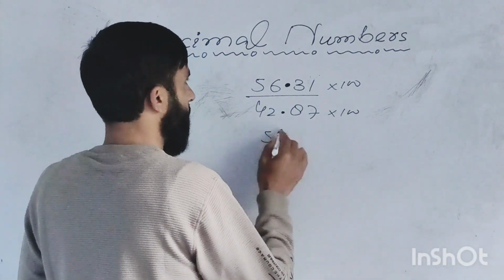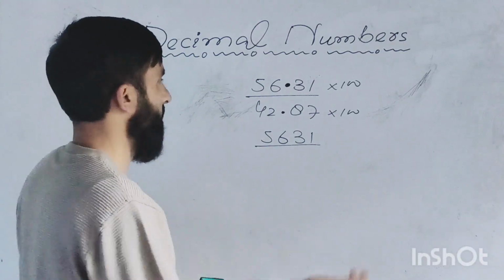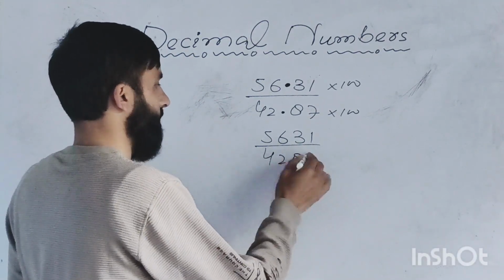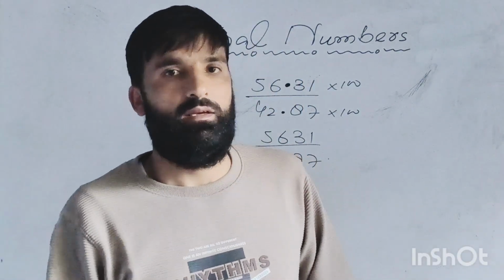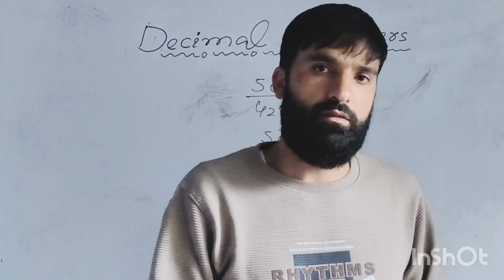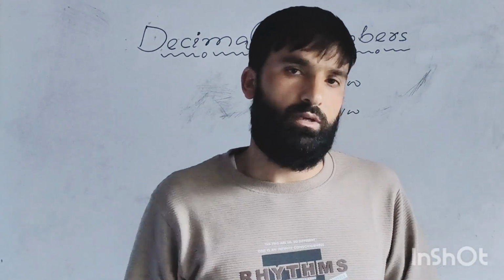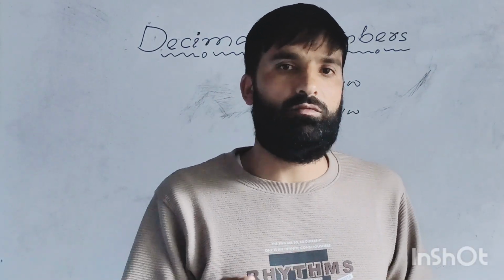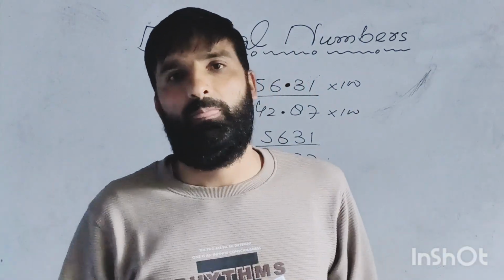So we will get 5, 6, that's 56, 3, 1. Now 5,631 divided by 4,287. Here we will divide and we will get the answer. So remember, sometimes you need to multiply by 10, sometimes by 100, and sometimes by 1,000 too, and so on. So first of all, you will make it a whole number, then you will divide, and this is the procedure of how to divide two decimal numbers.